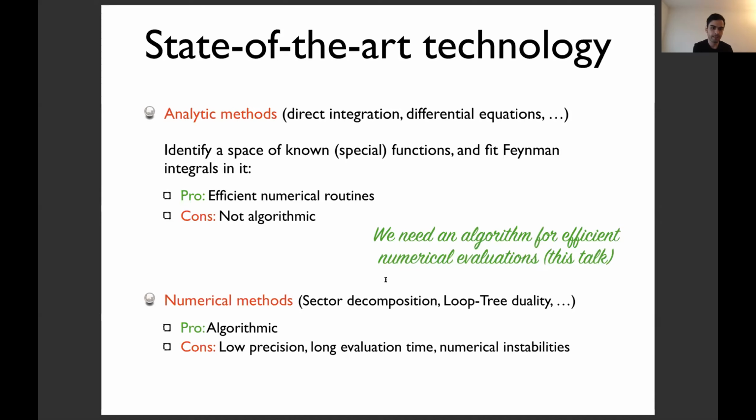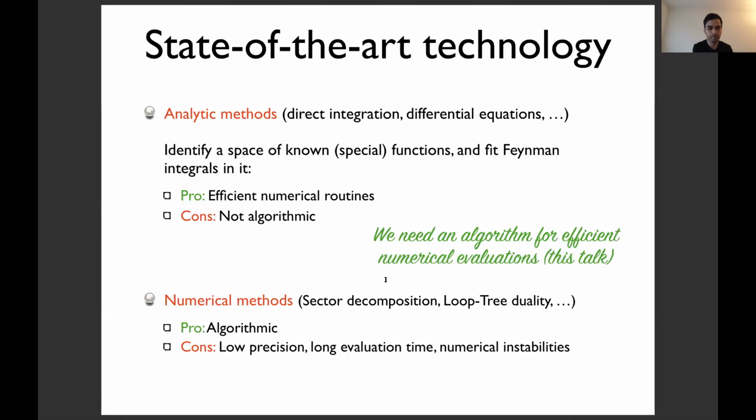On the other hand, the numerical methods follow an orthogonal approach. Given a representation for our favorite Feynman integrals, we try to directly numerically evaluate them, typically by using Monte Carlo integrators. And there are several available codes to do that based on sector decomposition, and actually, more recently, also the loop tree duality approach, which seems very promising.